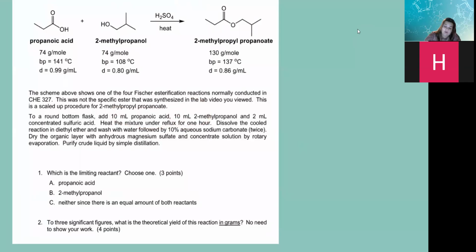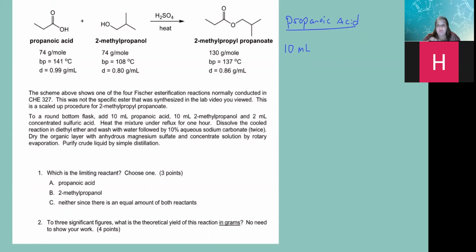So let's start with propanoic acid. Can everyone see the blue color okay on the screen? Okay. So with propanoic acid, we are told that we have 10 mLs.